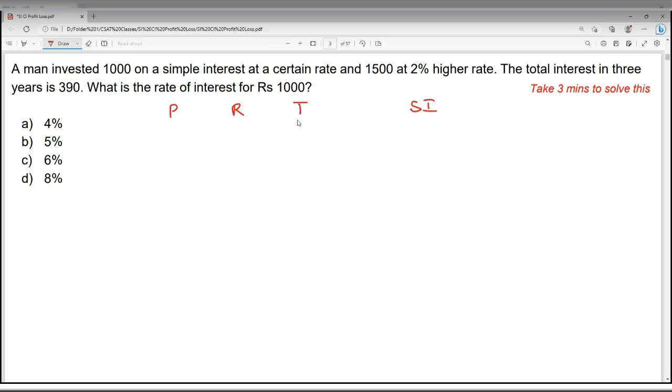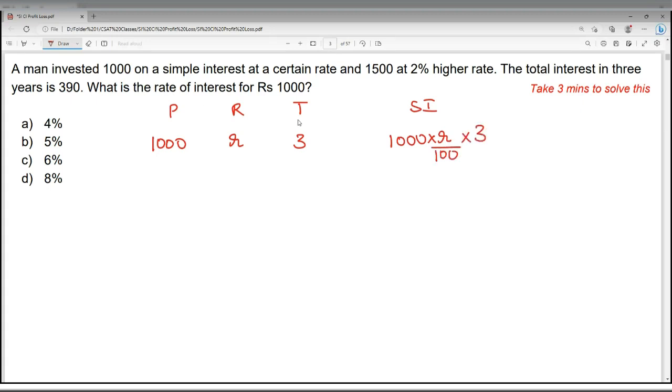In this case, 1,000 rupees was invested on simple interest at a certain rate. Let that rate be R, and it was done for 3 years. So simple interest would be 1,000 into R by 100 into 3.